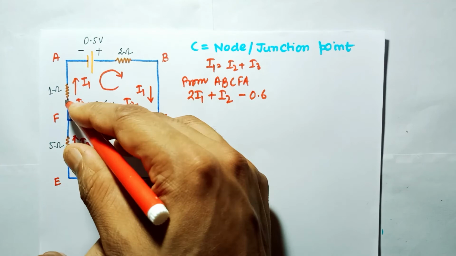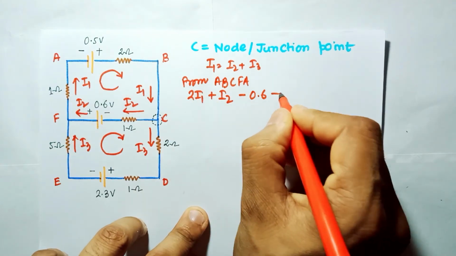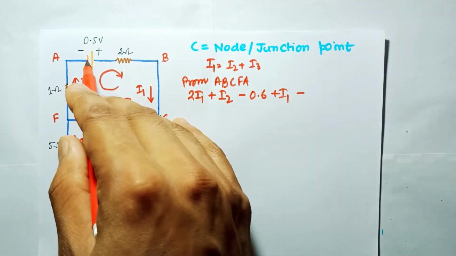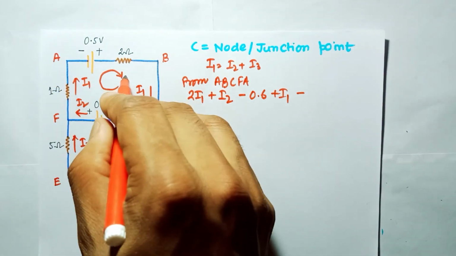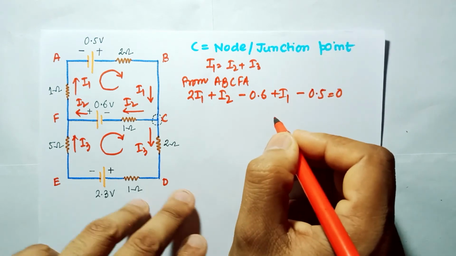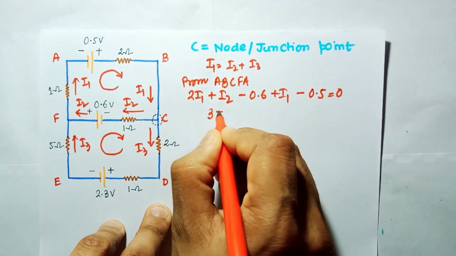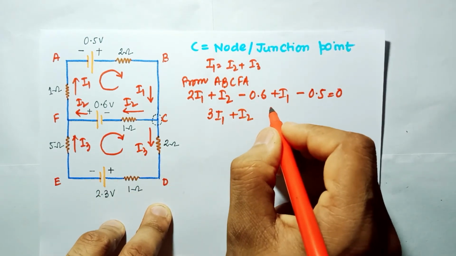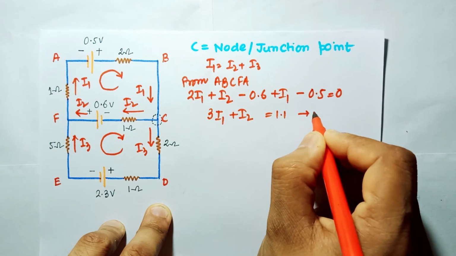Plus through 1 ohm the current I1 is passing, plus I1, minus, I will see the negative terminal of the battery while I am traversing in this direction, so it will be minus 0.5 is equal to 0. So from there I will write 3 I1 plus I2 is equal to 1.1. This is our equation number 1.